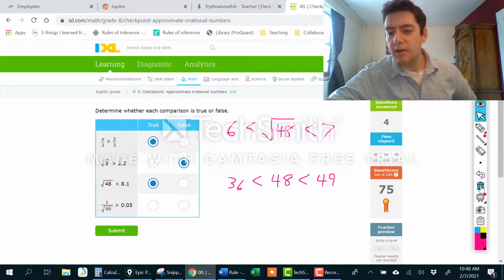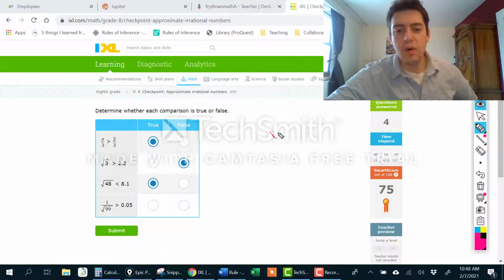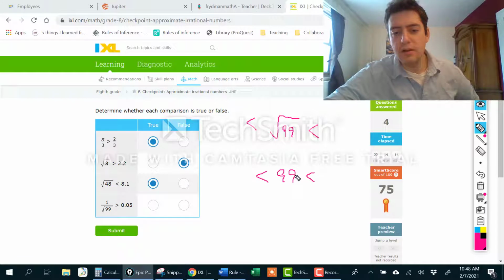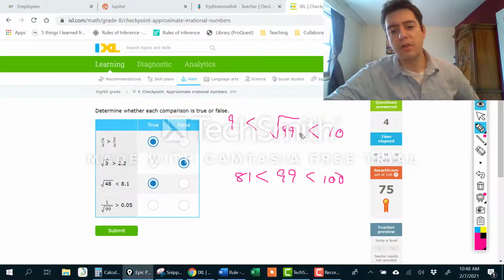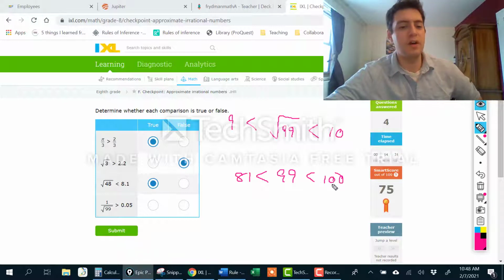And then, okay, so for the last one, we have 1 over the square root of 99. Well, 99 is between 100 and 81. Those are the nearest perfect squares. So the square root of 99 is going to be between 9 and 10. It's actually going to be very close to 10 because 99 is so close to 100.